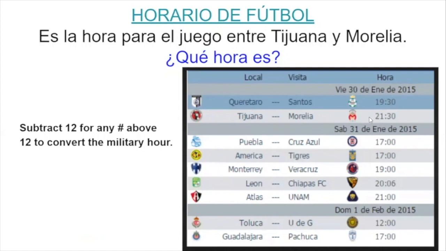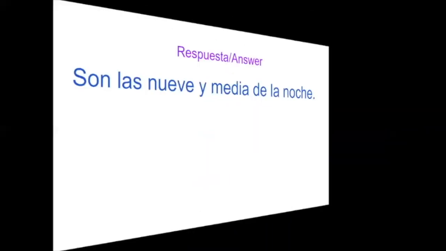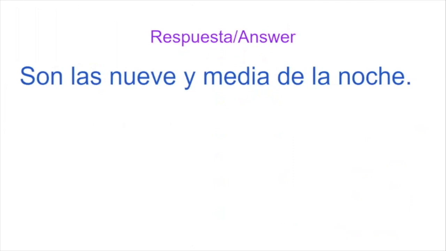Tenemos que cambiarla. ¿Cómo vamos a hacer esto? Subtract 12 for any number, cualquier número, above 12 to convert the military hour. So, 21. Subtract 12. ¿Qué hora es? Pausa el video porque es poco difícil. Muy bien, son las 9:30 de la noche.